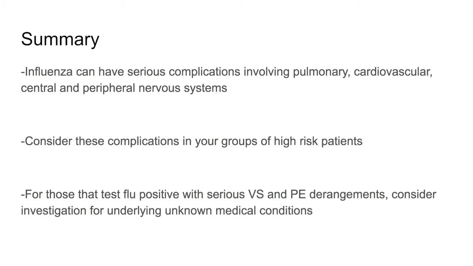Also, it's important to consider the high-risk groups, like we always do, but particularly in patients that come in very ill, it's important to observe them for a bit of time and see where it develops. And for those that test flu positive but whose physical exam is extremely out of proportion to how it should be, with vital signs that are continuously tachycardic, continuously hypoxic, really consider different, more underlying unknown medical conditions.